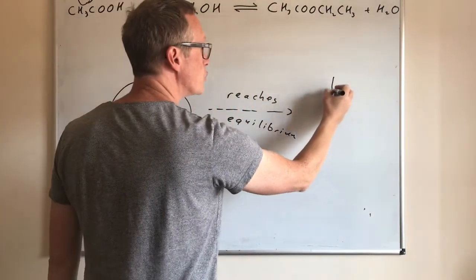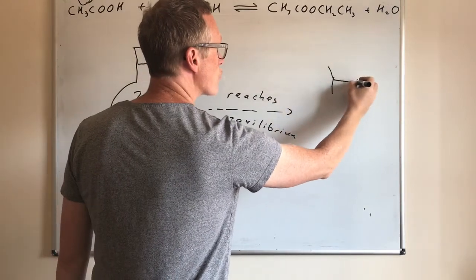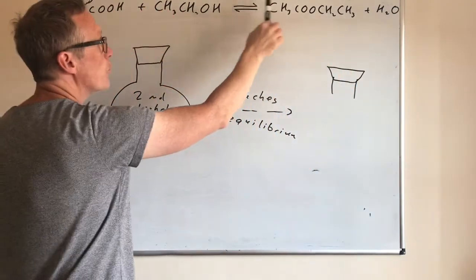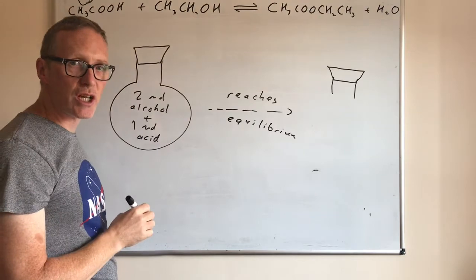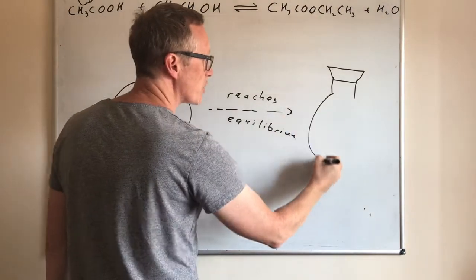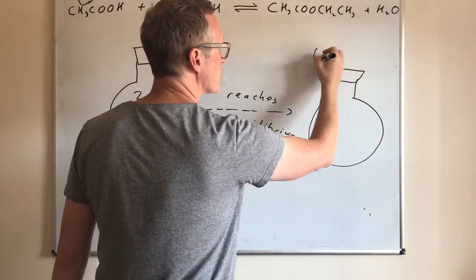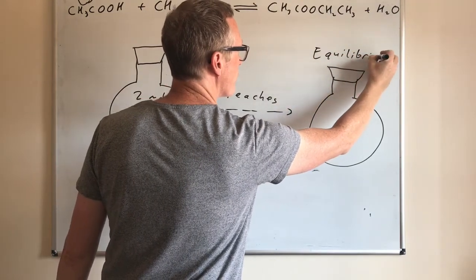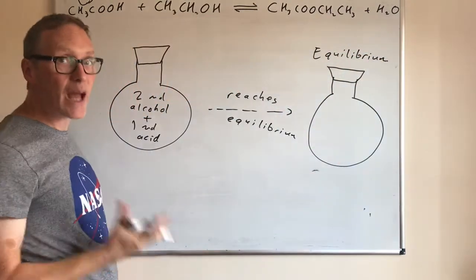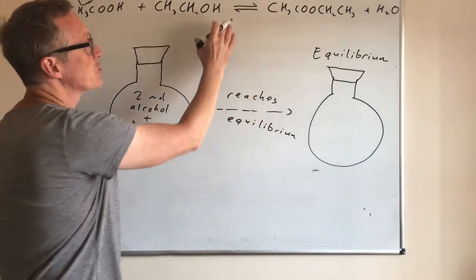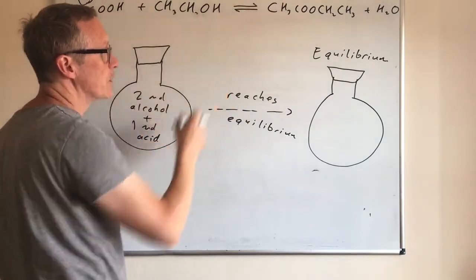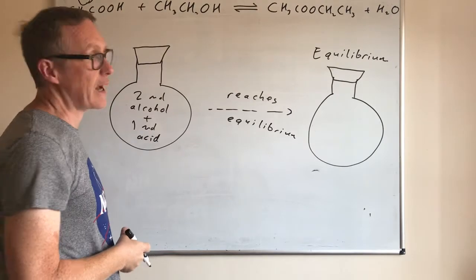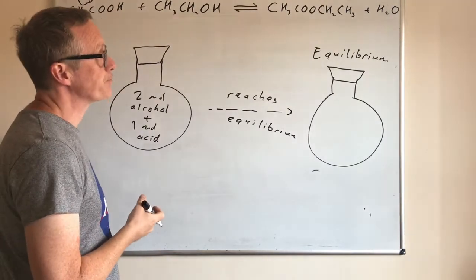In the end, you reach a point where the rates of the forward and reverse reactions are the same. When the rates of the forward and reverse reactions are the same, you have reached a point called equilibrium. Now, it is called dynamic equilibrium because the 2 reactions, forward and reverse, are still going on at a steady rate.